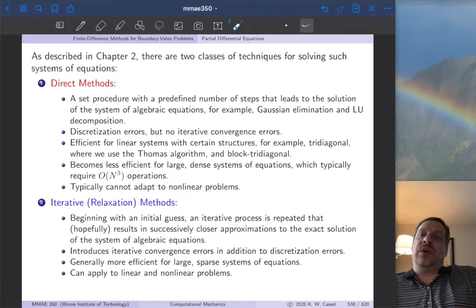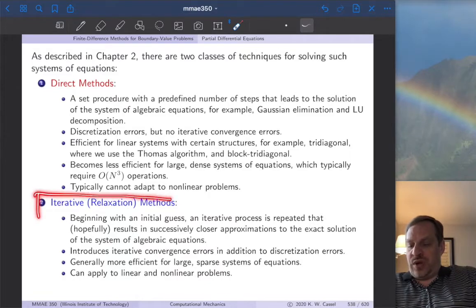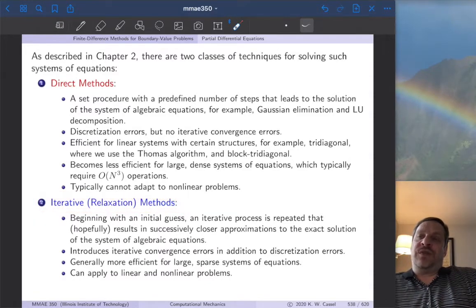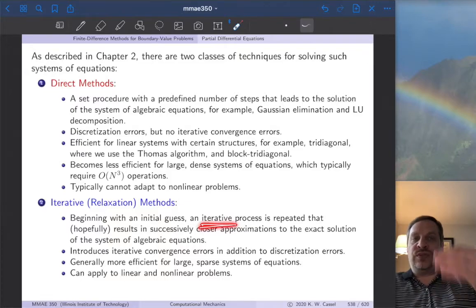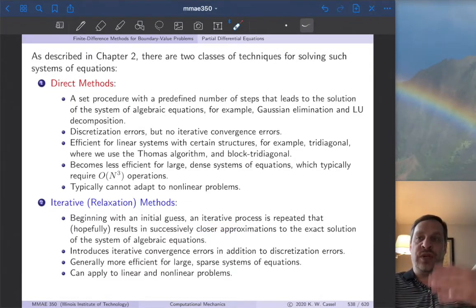So that leads us really to where most of our effort is in this class and in real solutions, which is iterative methods. So remember iterative methods, this is like Gauss-Seidel, SOR. You start with an initial guess, usually just all zeros. You iterate, there's some iterative process that you go through and repeat over and over again.